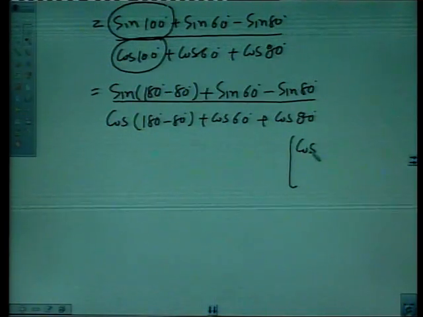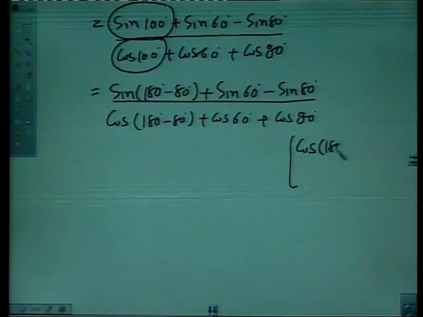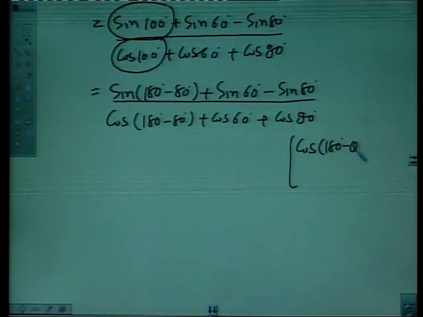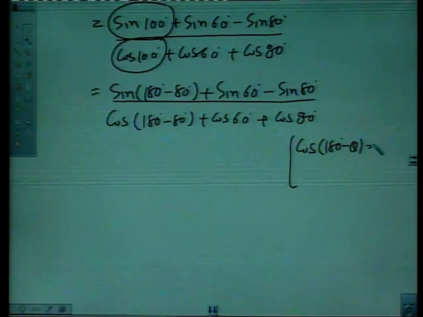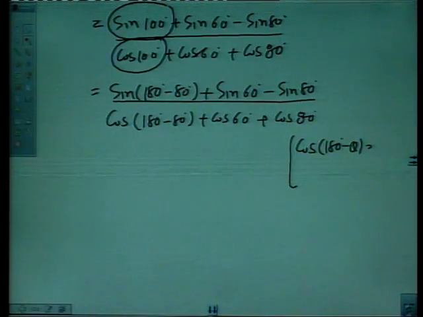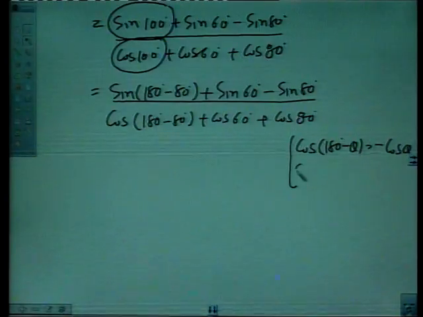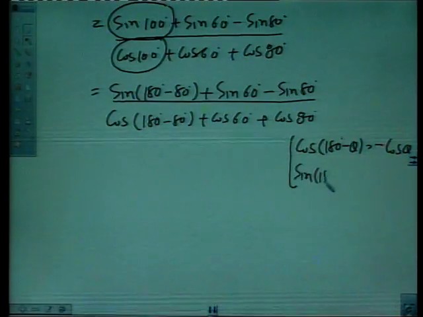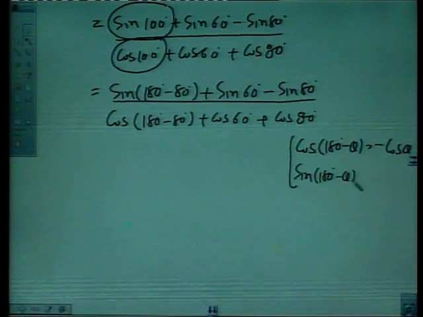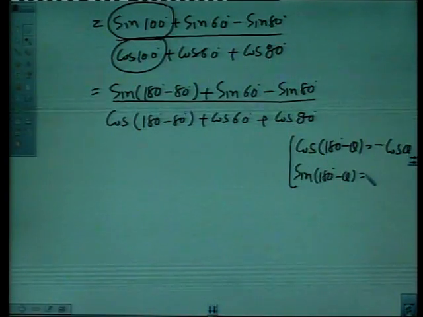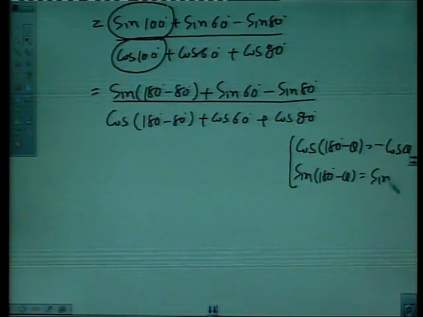We know that cos of 180 degree minus theta, we know that cos in the second quadrant is negative, so it becomes minus cos theta. And what is the formula for sin? Sin of 180 degree minus theta, and we know that sin in the second quadrant is positive, it is sin theta.